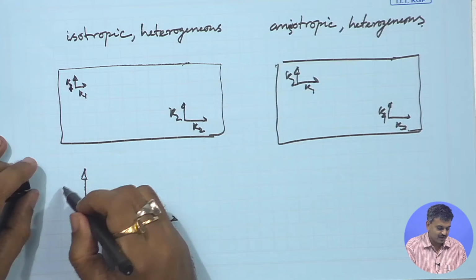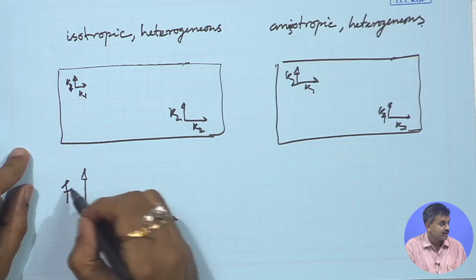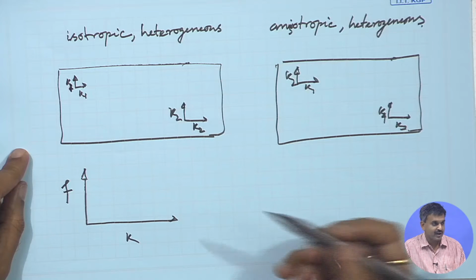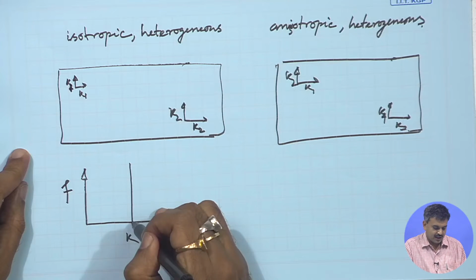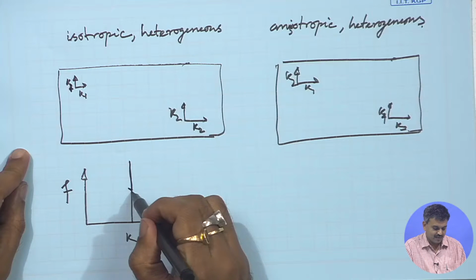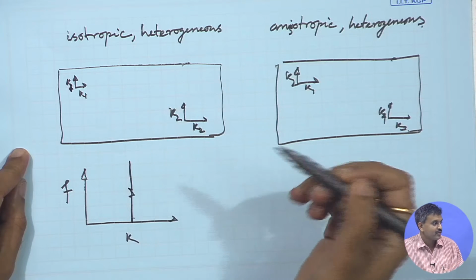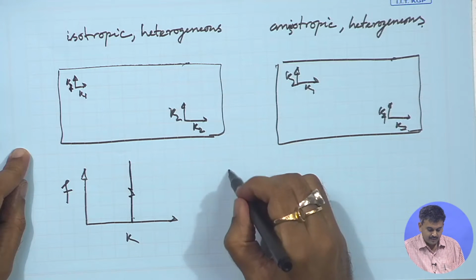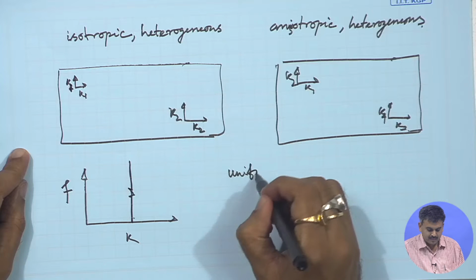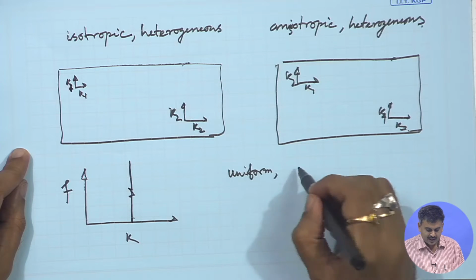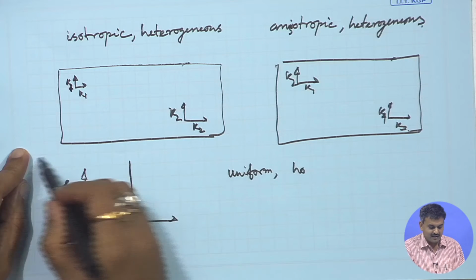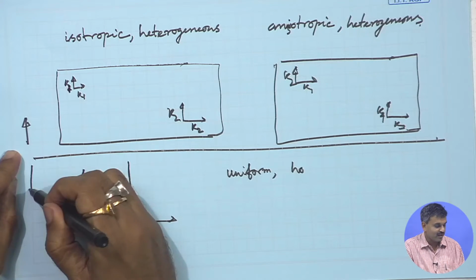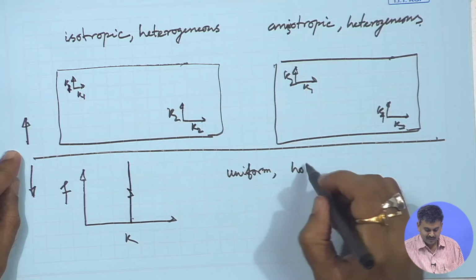Let us say you have a frequency distribution, and you have a hydraulic conductivity value here, and you have a single value within your domain, then we call it uniform and homogeneous. This is your deterministic concept, and we are talking about stochastic concept.